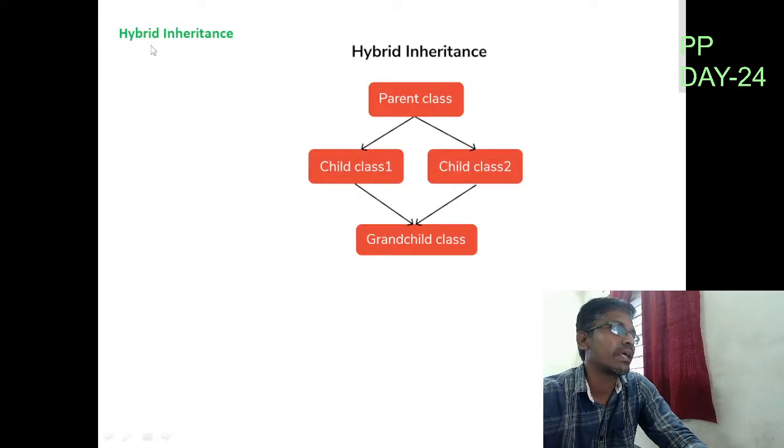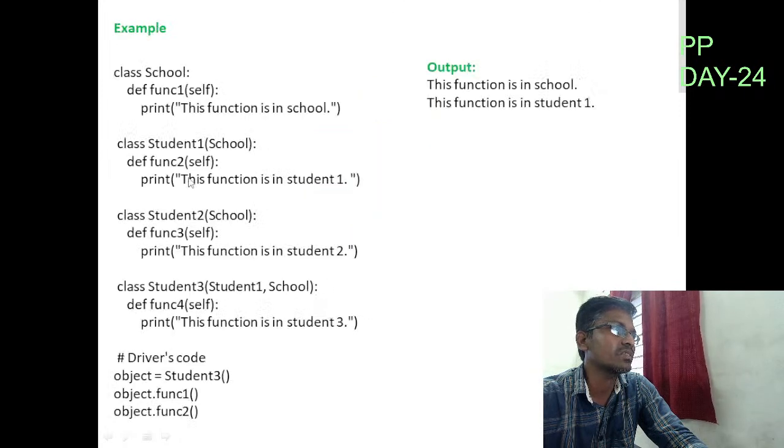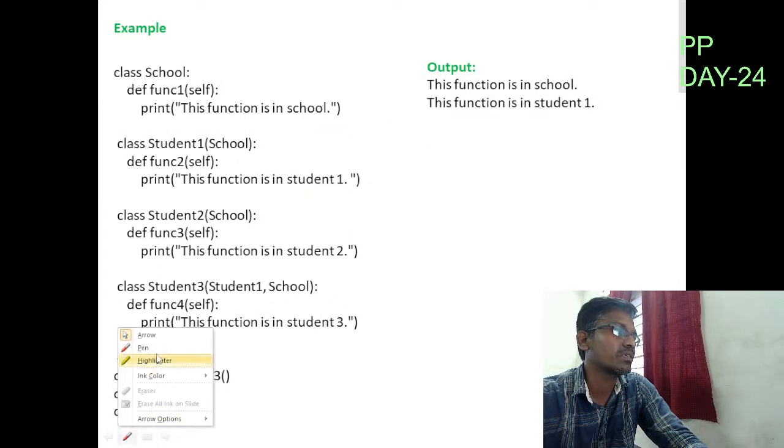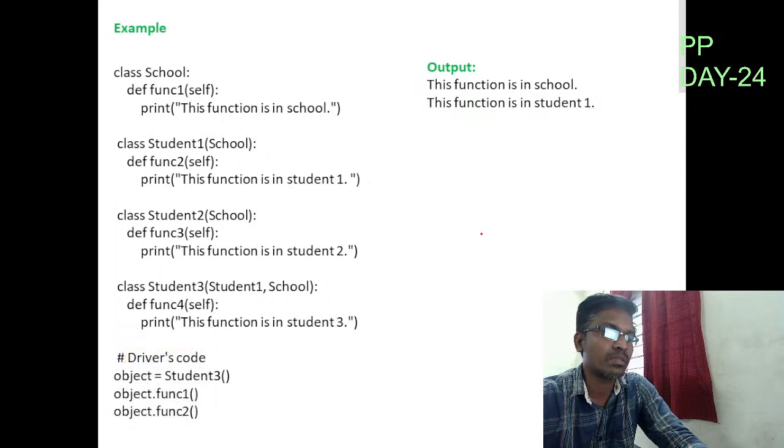So the last one is hybrid inheritance. This structure is a combination of single and multiple inheritance. Here I'm going to create one base class, school. Student one will be derived from school, student two will also be derived from school, and student three will be derived from student one and student two.